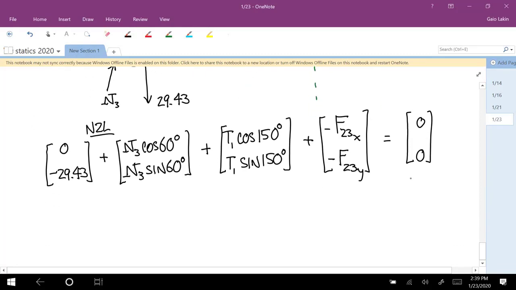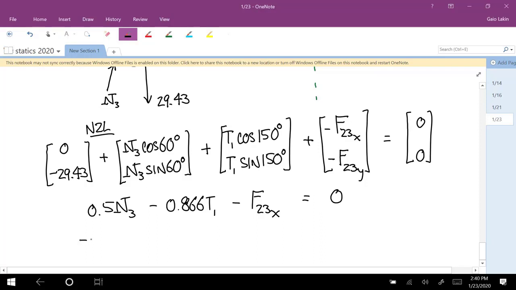And that gives us 0.5 N3 minus 0.866 T1 minus F23x is equal to 0.